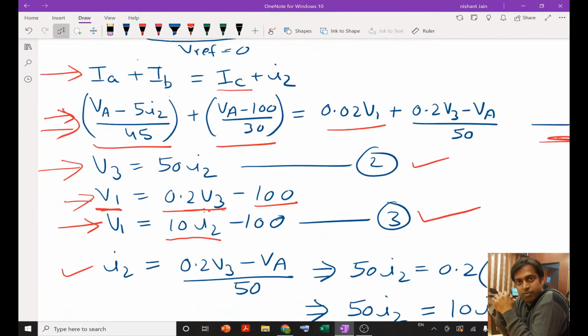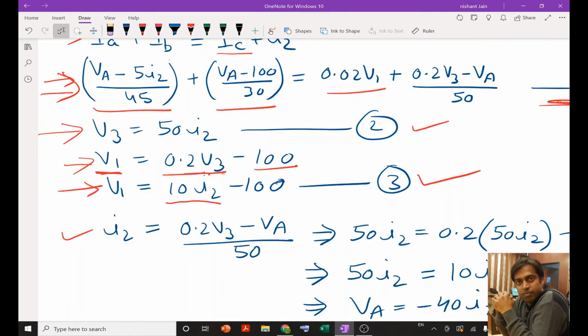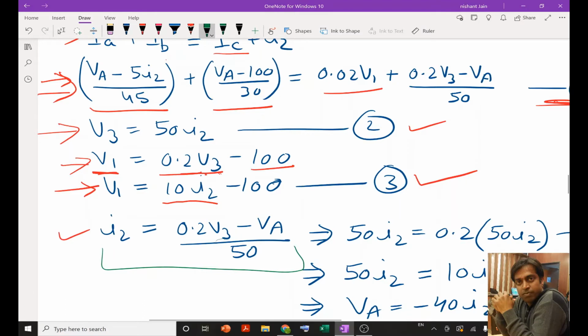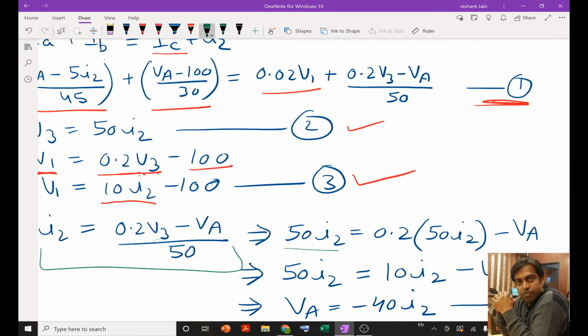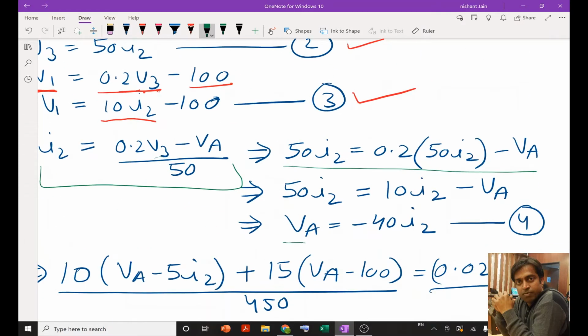So my I2 is this, and substituting the value of V3 here, I get this. Finally, solving this equation, I get this expression in terms of VA and I2. So this will become my fourth equation.